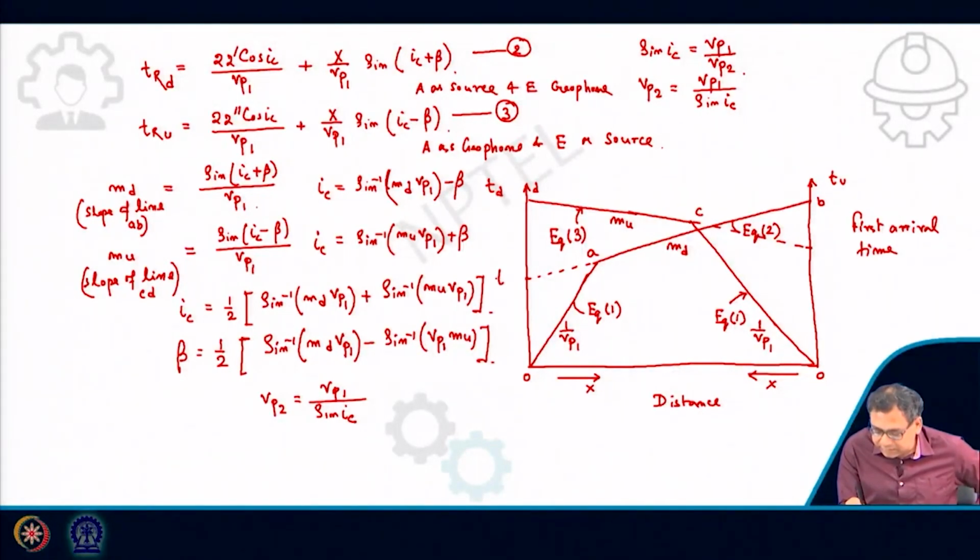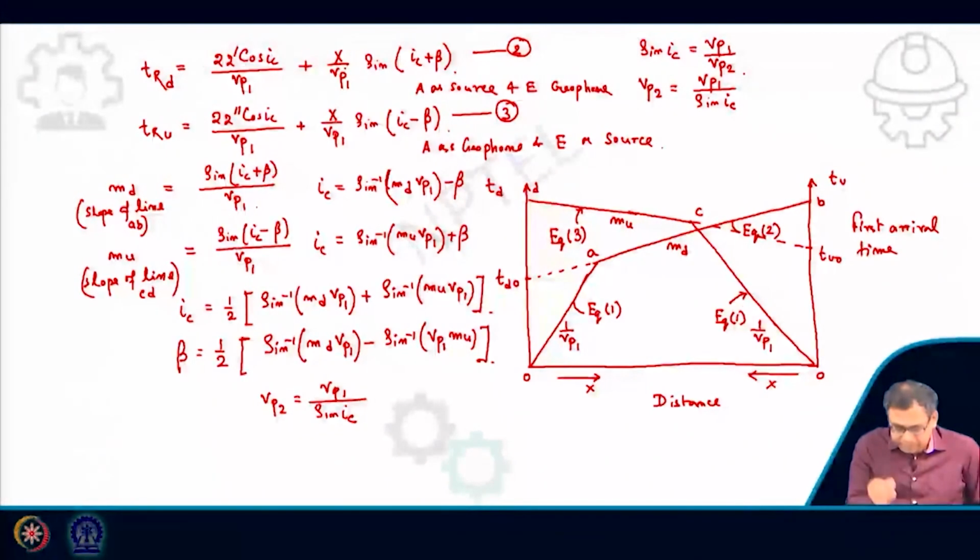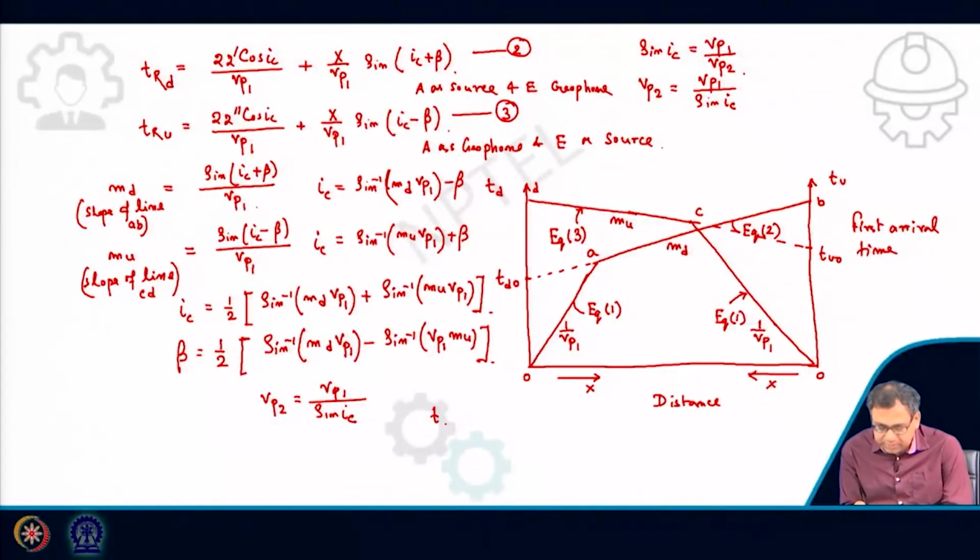This one say TD0, this is TU0. Okay. Now TD0, when x is equal to 0, this part will be 0. So from here I can write that my TD0 or TRD0, whatever you say, you can write.